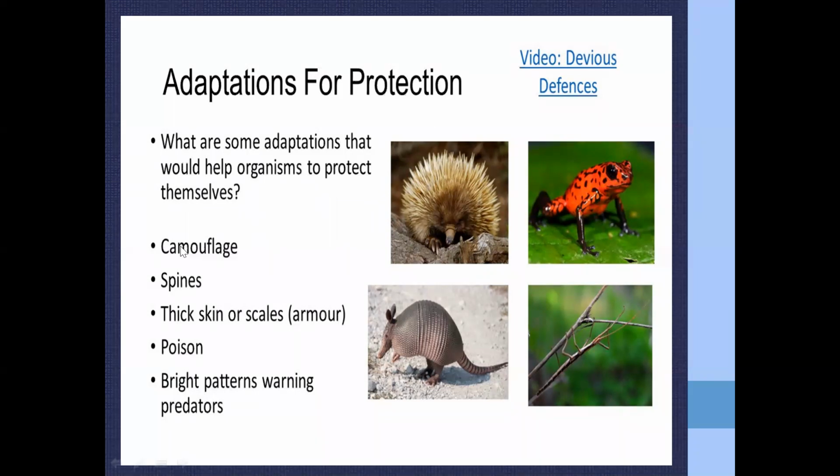Okay, the first one is camouflage. What do we mean by camouflage? It means the animal changes its skin or body color, or it has a skin color similar to its environment.